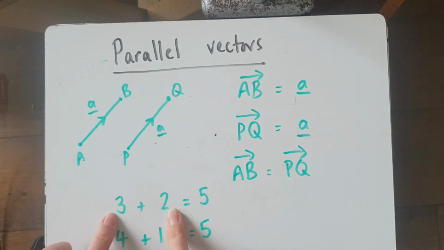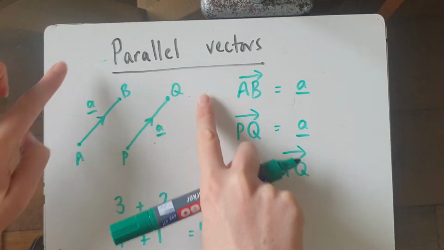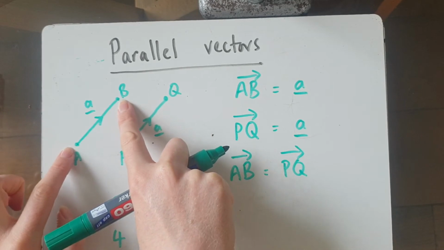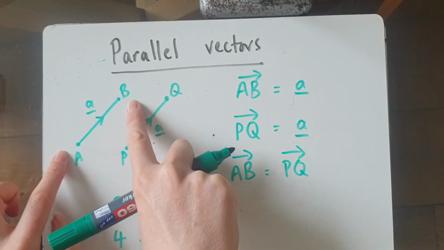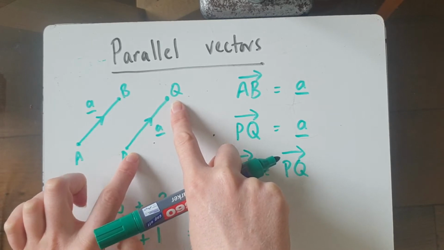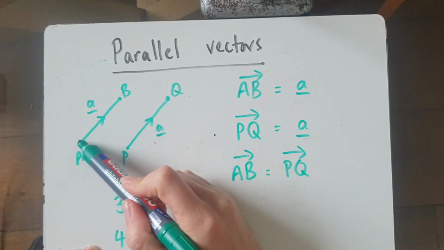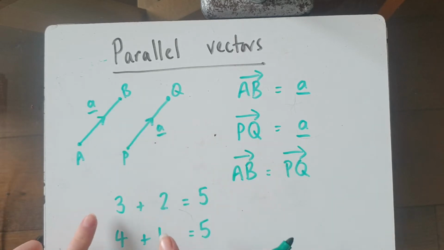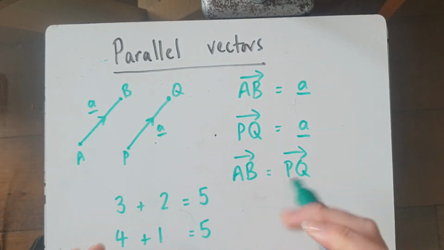So we've got two different sets of numbers that make the same resulting number. And that's what's happening with these vectors. We've got two distinct sets of points. A and B are the points over here. P and Q are the points over here. But the actual vector connecting them is the same. So different points, same vector.